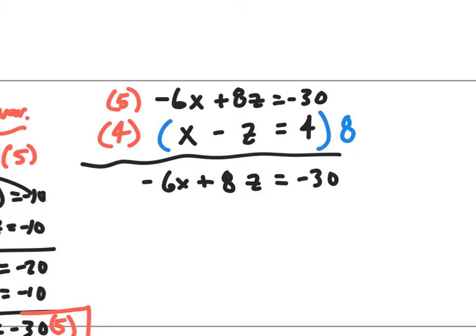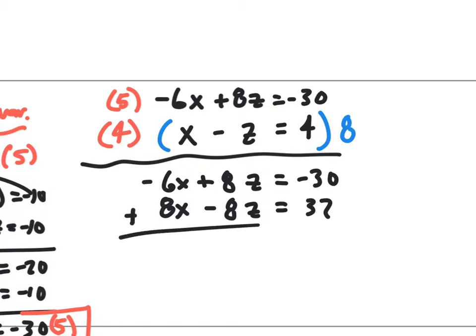If I multiply this bottom one by 8, I'm going to get 8x minus 8z is equal to 32. All right. And so if I add these together, 8z minus 8z goes away, okay? And then I get negative 6x plus 8x, which just gives me 2x. And that's going to give me positive 2 here, okay?